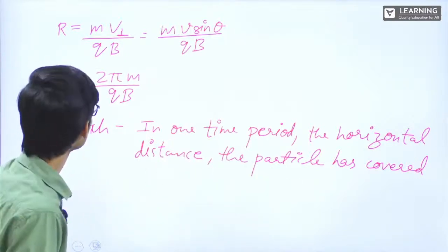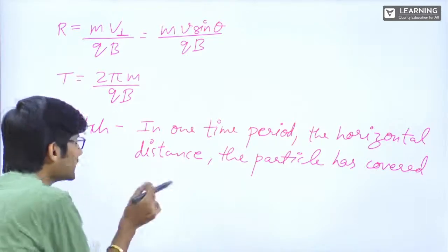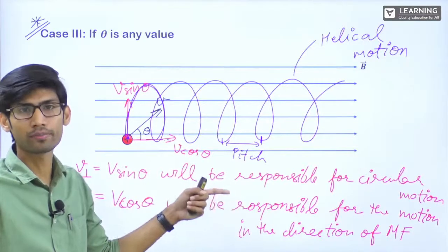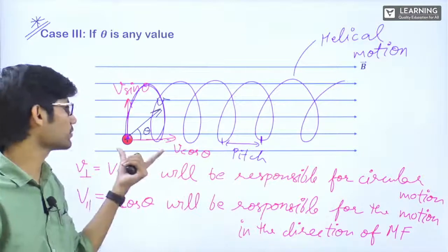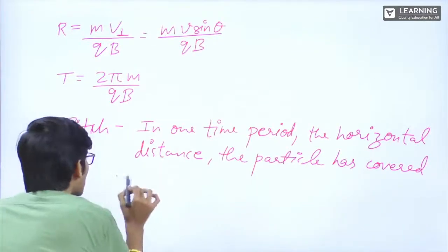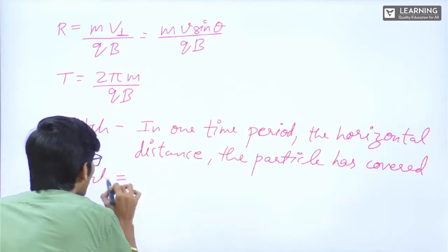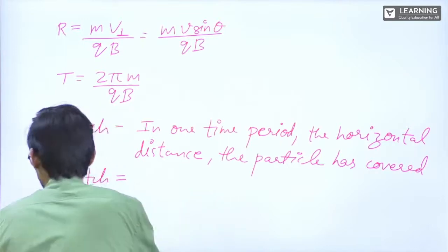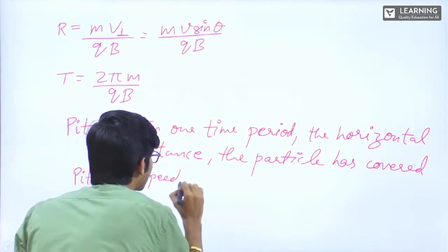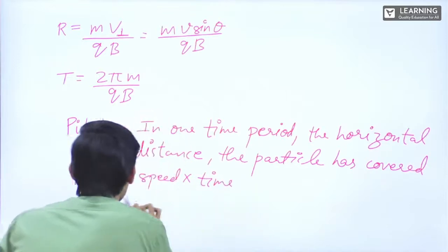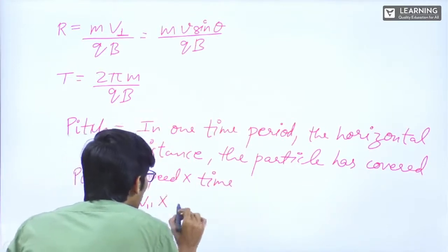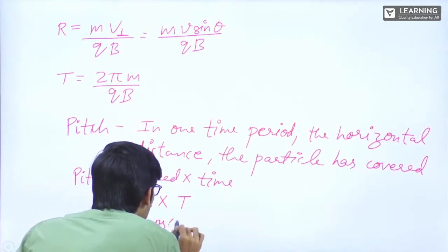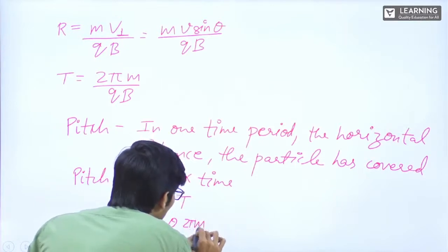Now see, pitch is basically this horizontal distance, right? Horizontal distance is due to horizontal velocity, and distance is speed into time. So pitch is equal to V parallel into time period, that is v cos theta into 2 pi m upon qB.